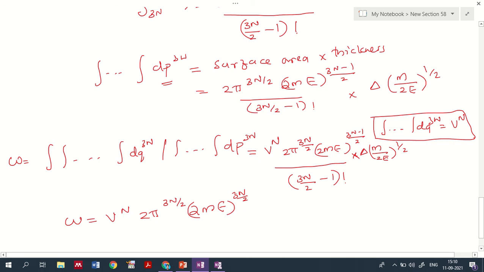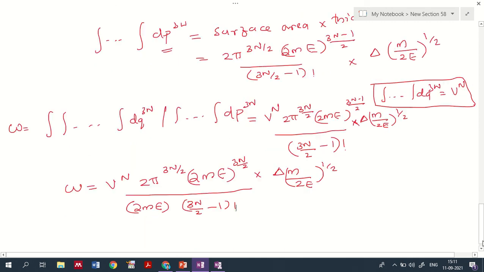I can write 2me raised to 3n minus 1 by 2 as 2me raised to 3n by 2, into delta m by 2e raised to 1 by 2. There was one more minus 1 term, so I can take this into the denominator, so there will be a term 2me in the denominator. If you take 2me out of the numerator, you get 2me raised to minus 1. So I can sort it out like that, divided by 3n by 2 minus 1 factorial.